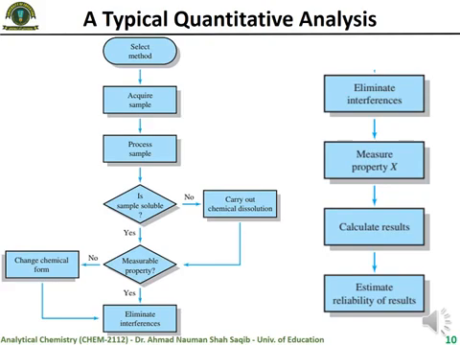For example, in spectroscopy we measure the absorbance, and after that we use the computer to compute the results. And we also determine the uncertainty in the analysis and determine how reliable our method is. So this is the overview of a typical quantitative analysis: whenever you do a quantitative analysis, which steps are involved in it.